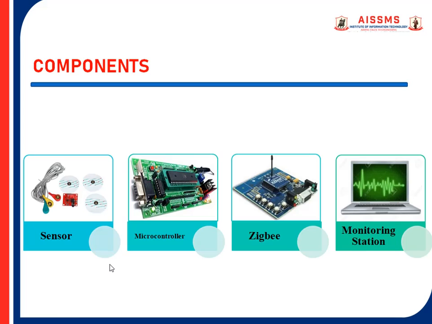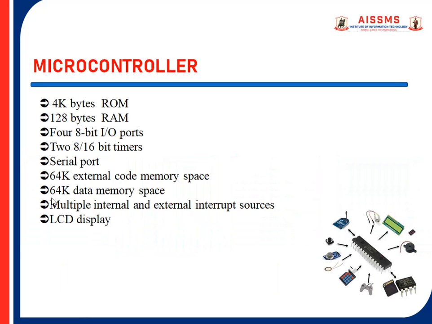Components required for the development of wireless sensor network. Initially, the different sensors to measure the physiological parameters of a human body, a microcontroller to control all the operations and display output, Zigbee for the wireless communication, and finally the receiving station, the monitoring station.